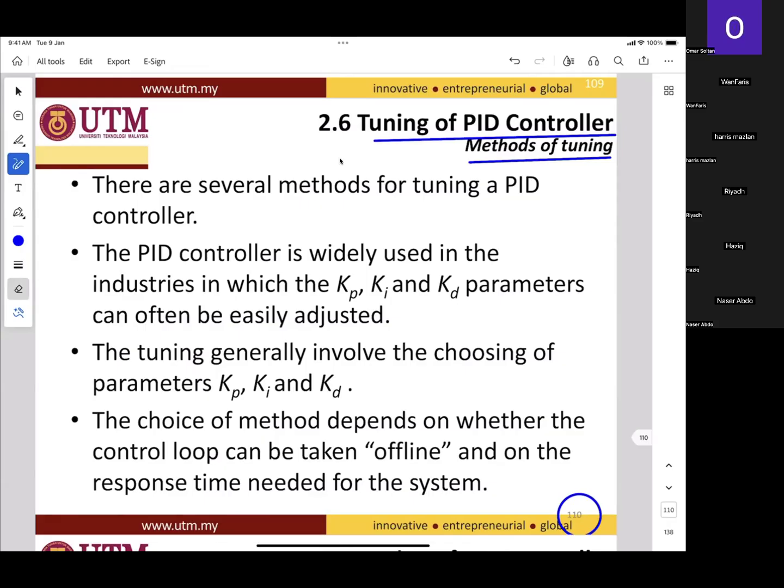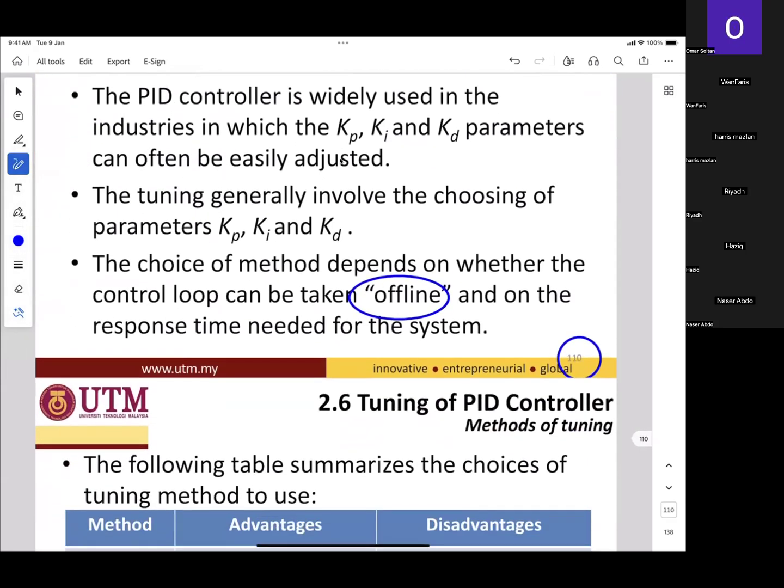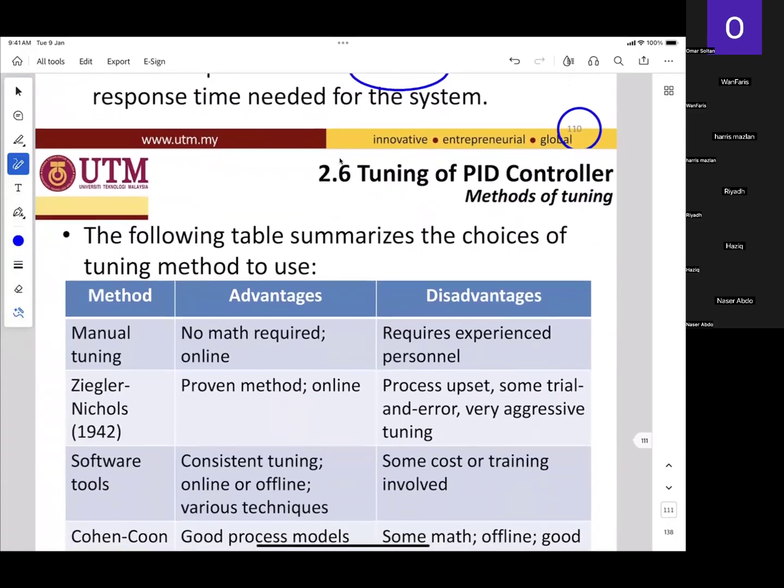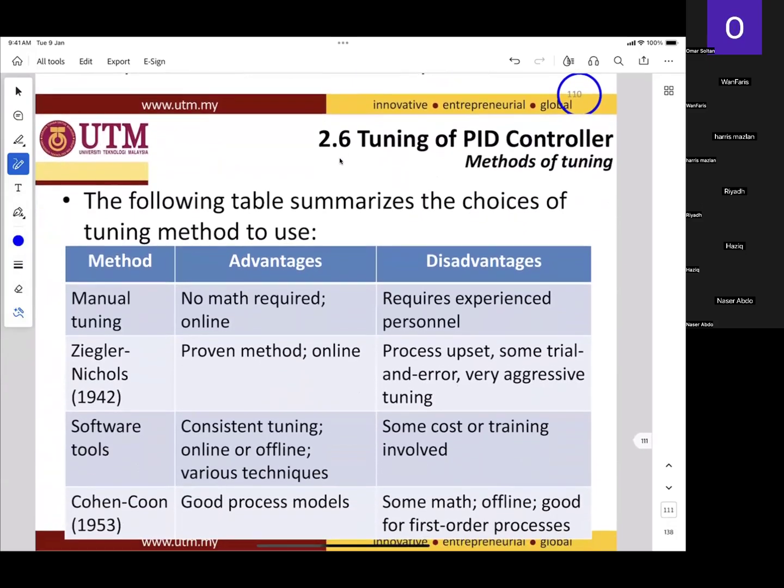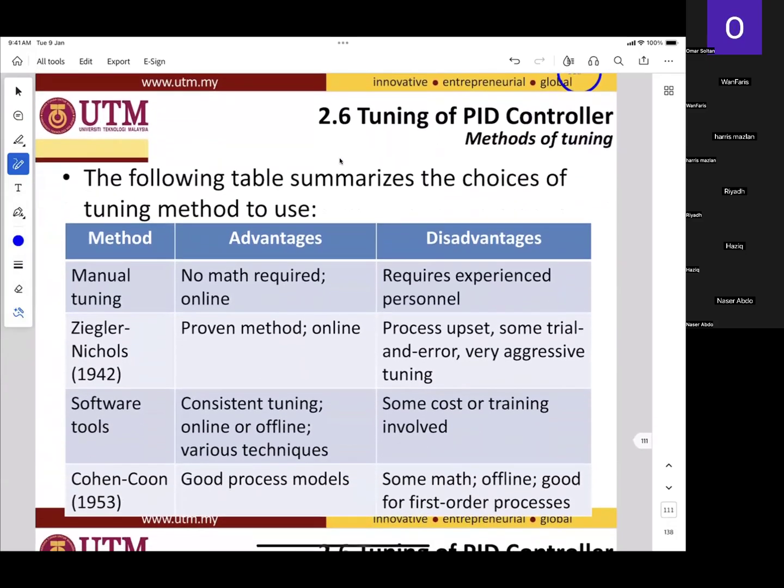It can be calculated offline before we implement it into the system. So these are some of the methods used in PID controller tuning.